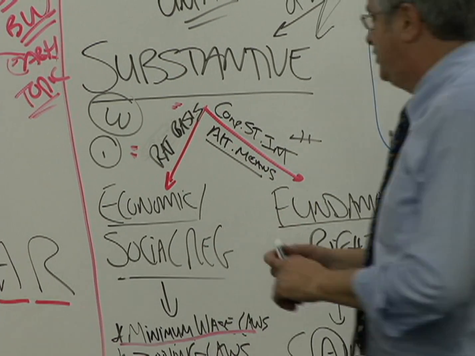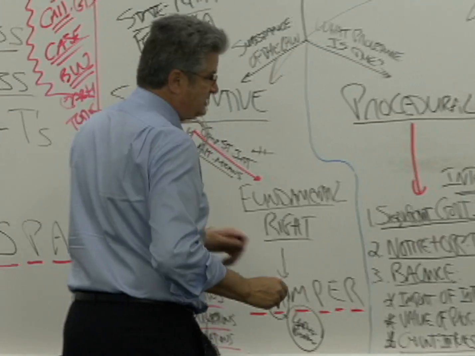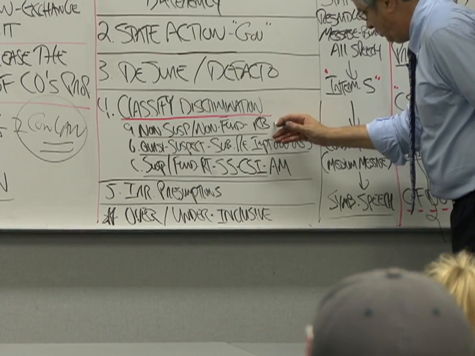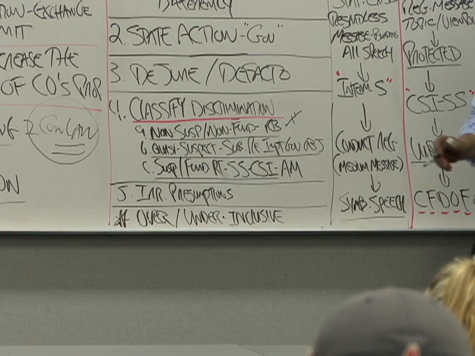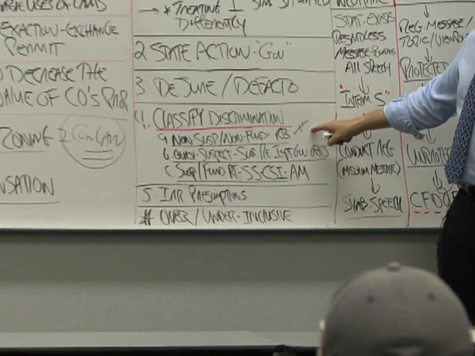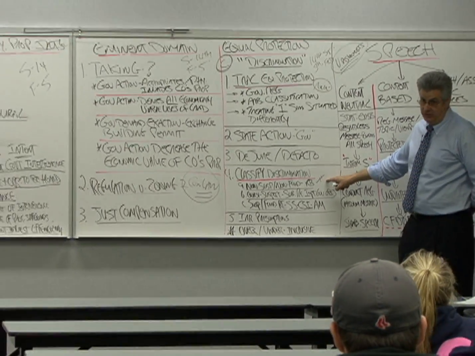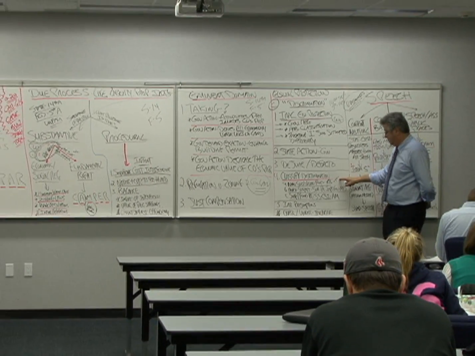What test did we use over here if it was non-fundamental? Rational basis. Lo and behold, what test do we use over here? Rational basis. Same test. There's no difference. So if it's a non-suspect, non-fundamental right, who's going to win 9 times out of 10? The government's going to win. They can always prove rational basis, minus 2 cases I'll go over in a minute, Romer and City of Cleburne.